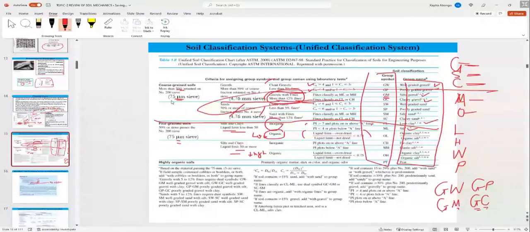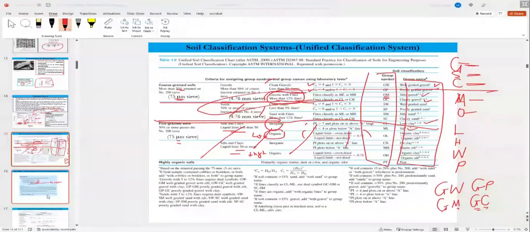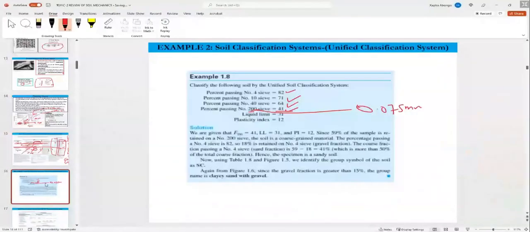So we are here, and we get this one out. Then we go to sieve number 4. Percentage passing is 82, so 18% is retained.